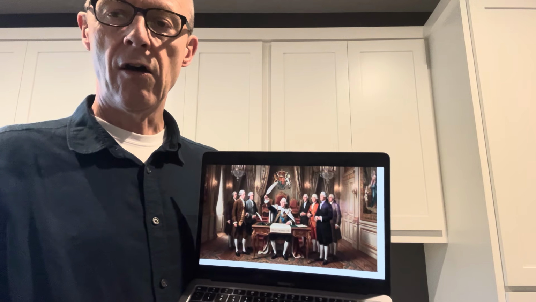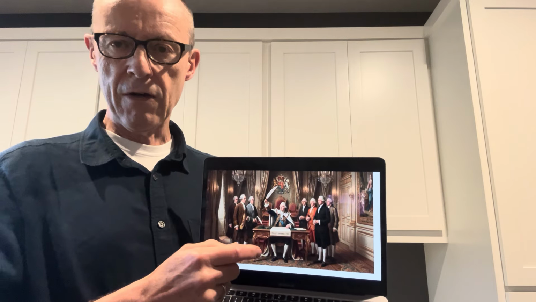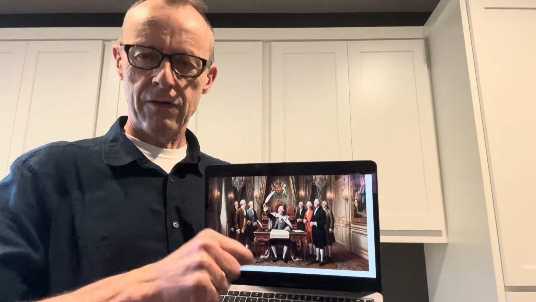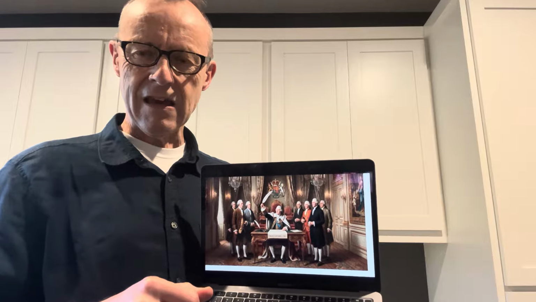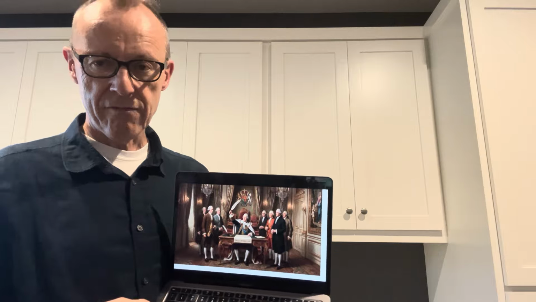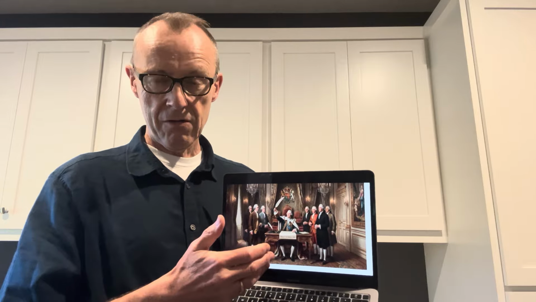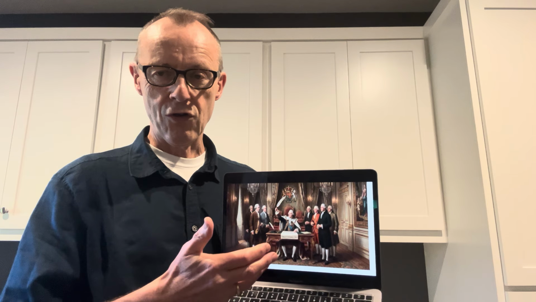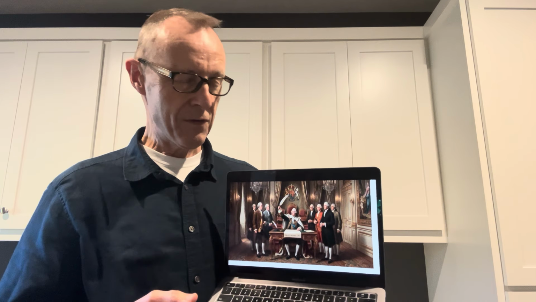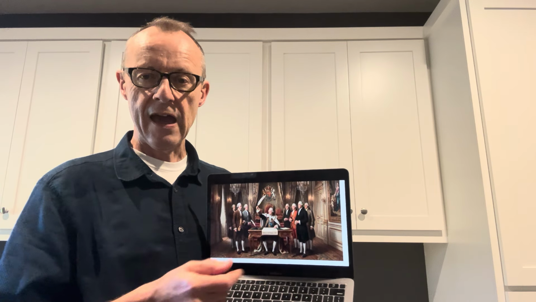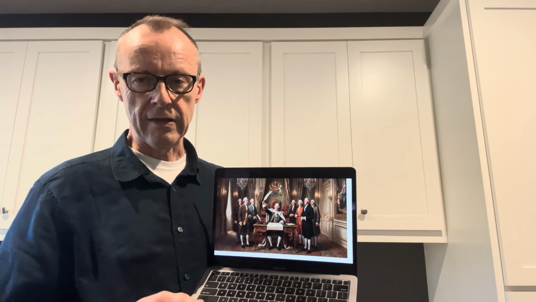There he is. I showed you this slide of George III in his throne room in London with a flourish of his quill pen about to sign the treaty that was going to end the war. And you may not have realised that this was not an expensive ancient artwork, but this was the work of Google Images, Google Slides, and the AI bot that supports Google Slides.